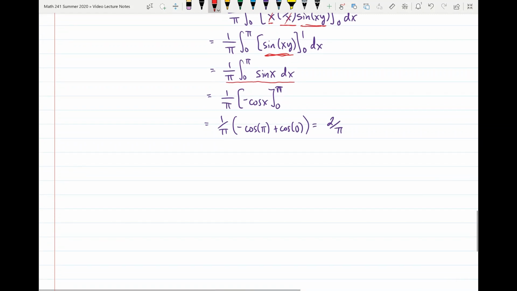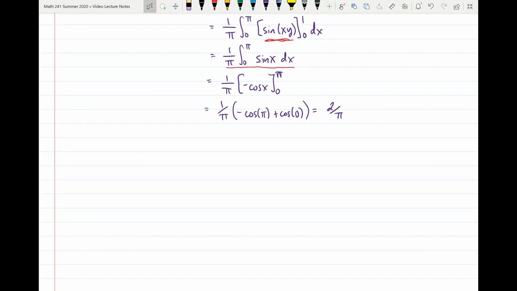dx. Again, we take the antiderivative of sine of x and we get a negative cosine of x, and we evaluate from 0 to pi, and this will give us 1 divided by pi times negative cosine of pi plus cosine of 0. Well, negative cosine of pi is 1 and cosine of 0 is 1, so ultimately we end up with 2 divided by pi.